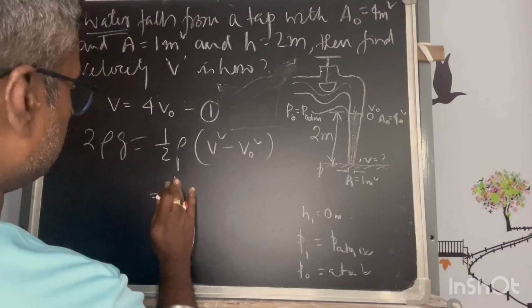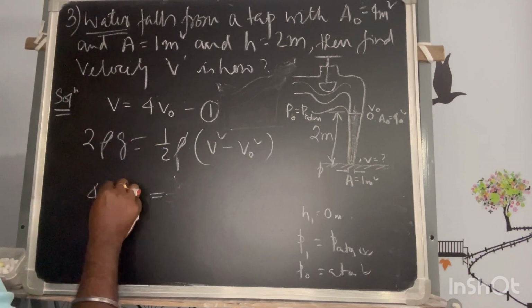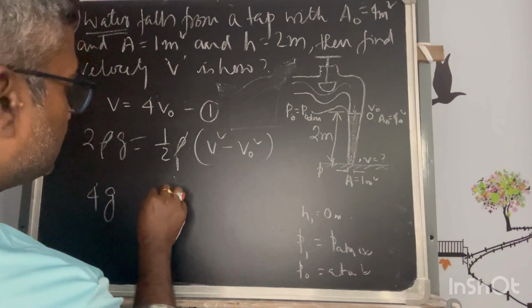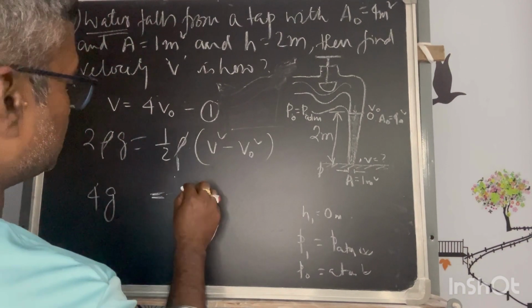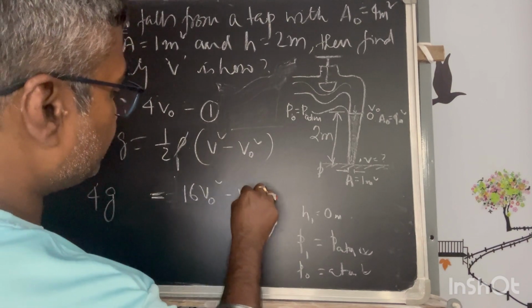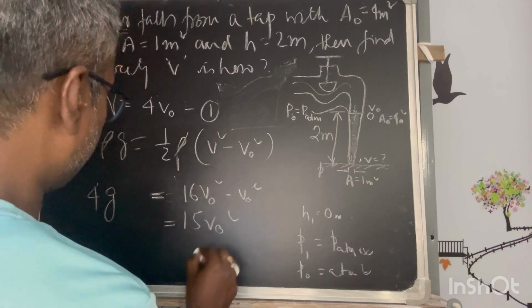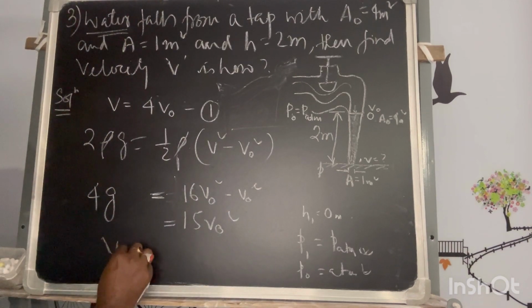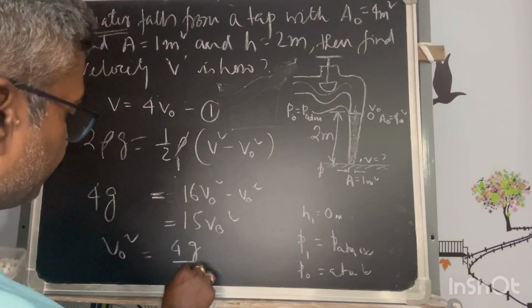So this half can be adjusted there. 4 rho will be cancelled out. 4G is equal to V square, that means 16 V0 square minus V0 square, so that means 15 V0 square. So V0 square is equal to 4G by 15.